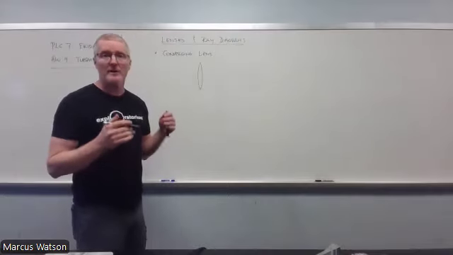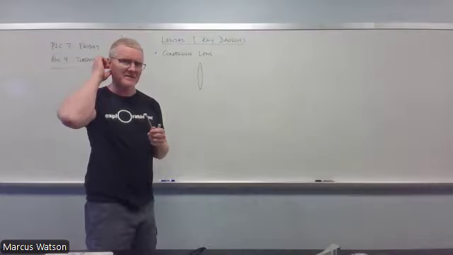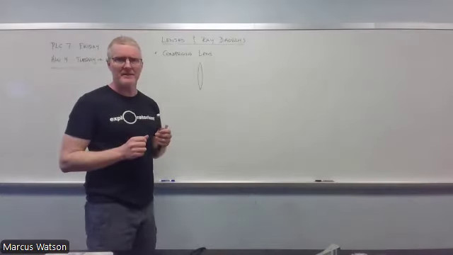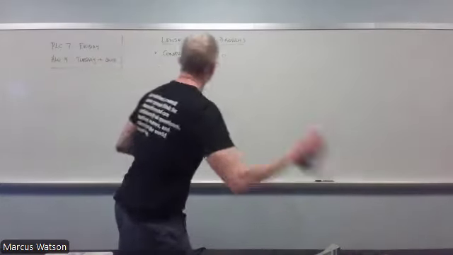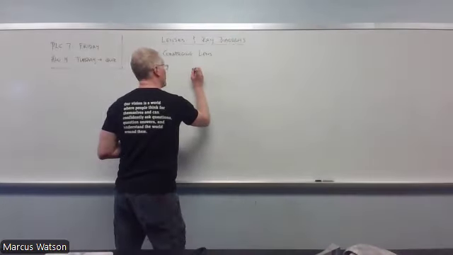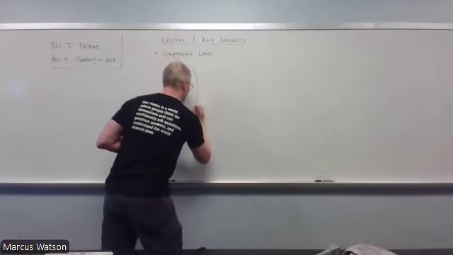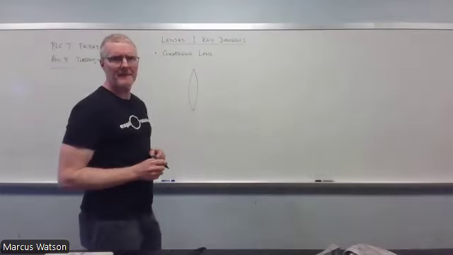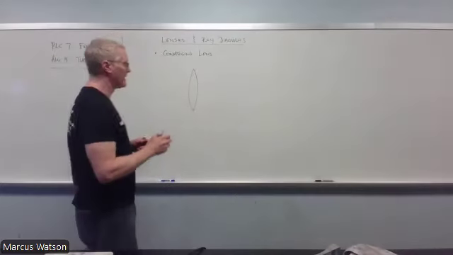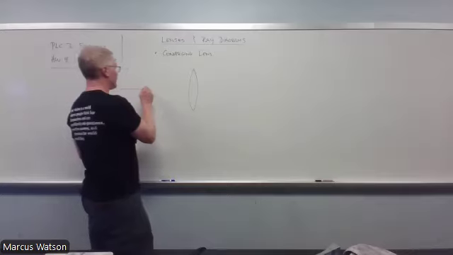Let's take a look at what a converging lens ray diagram looks like. I'm thinking I need to make this a little bit larger. Okay, we'll go with that. Here's our optic axis, say.